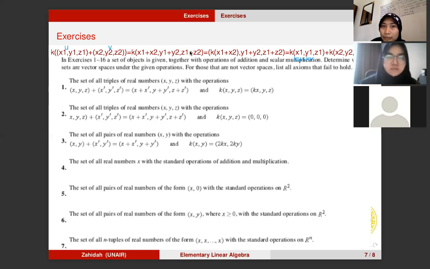The second and third are the same, right? Without k: y1 plus y2, and the third, z1 plus z2. So from here, we multiply k times x1 plus k times x2.